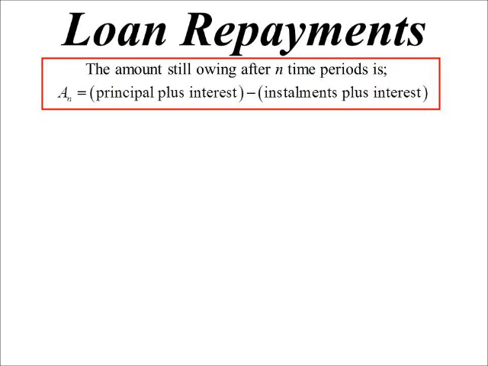The loan that the bank is giving me, they're investing in me. So I am paying them interest. Okay? And so it's like I'm a bank now and I'm giving them compound interest. But then the money I give back to the bank is like me investing in the bank. And so they pay me compound interest on the money I'm giving them.